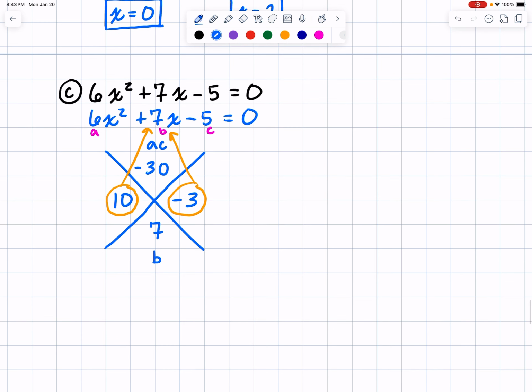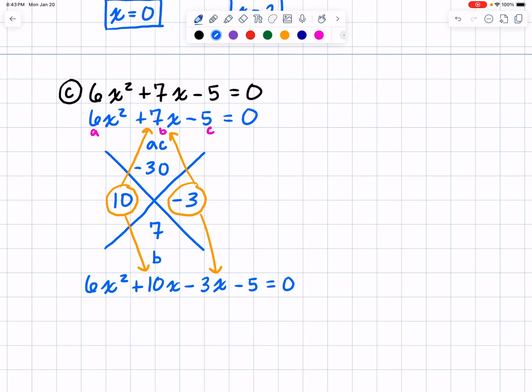So I'm going to go 6x squared plus 10x minus 3x minus 5 equals 0. Notice all I did was replace the 7x with 10x and negative 3x. That's all I did.